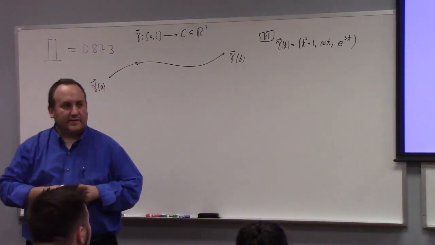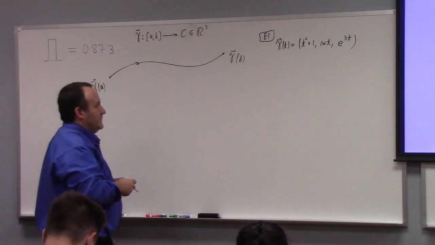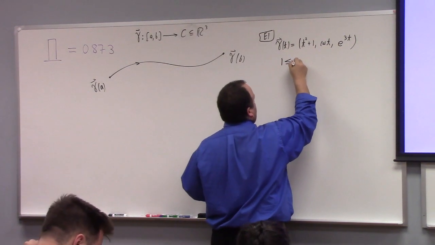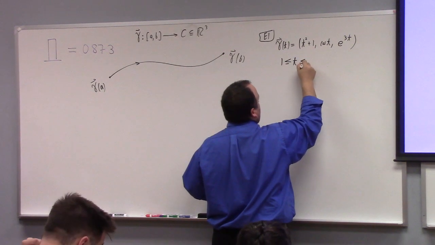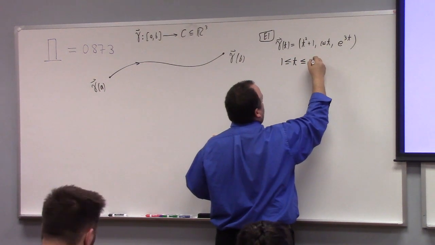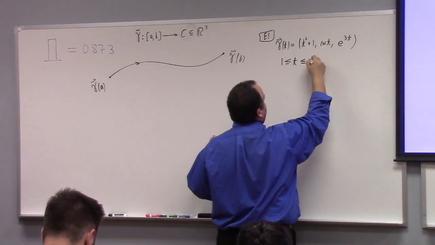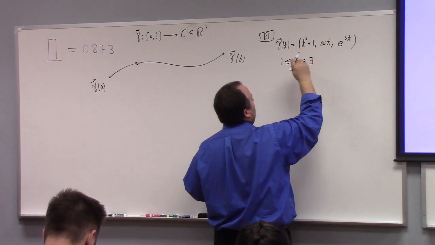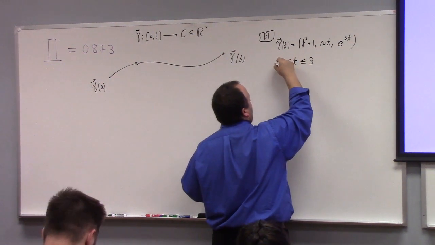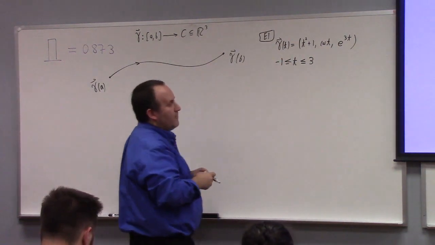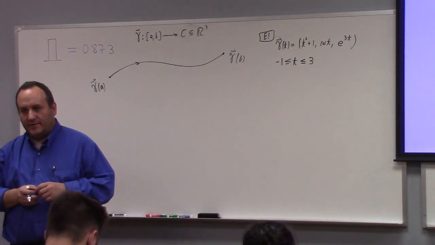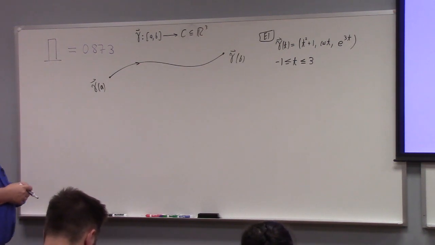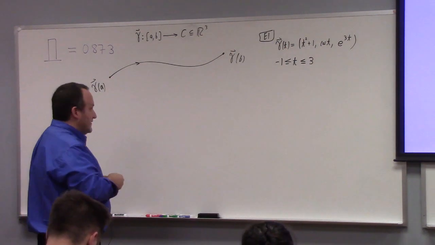And for t, let's say minus 1 less than or equal to t less than or equal to 3. I regret my choices. I'm going to make this, instead of a 1, a minus 1. All right? We all good? So I think we could all use a little bit more practice on this.